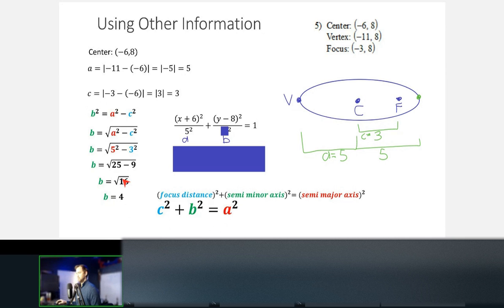I'm probably showing more work than I need to, because B is 4, but then I just have to put it back into the squared form, and 4 squared gives us back 16. So B is 4, and then 5 squared is 25, and 4 squared gives us 16 for the final answer.